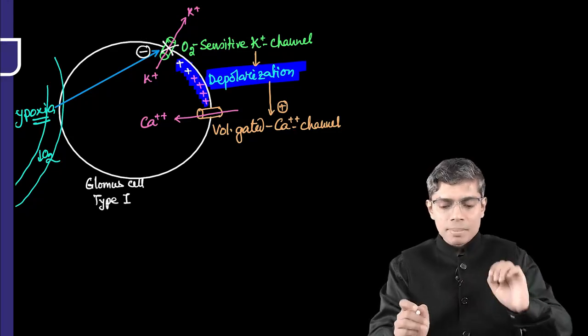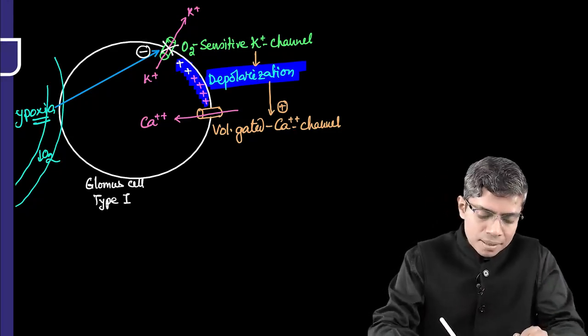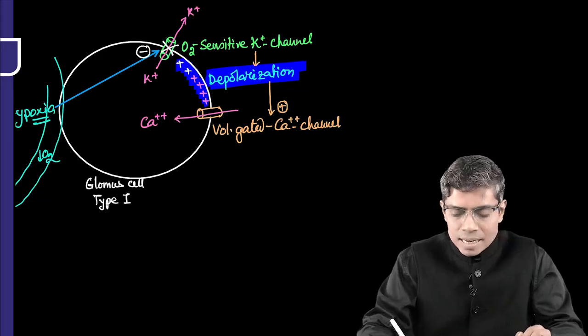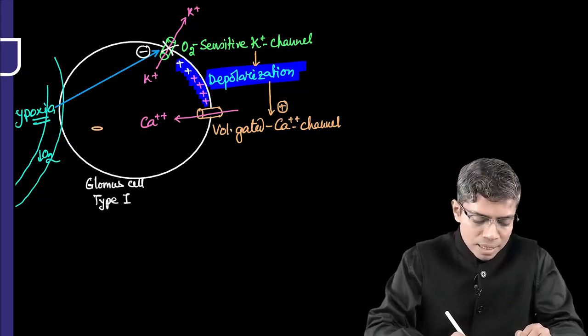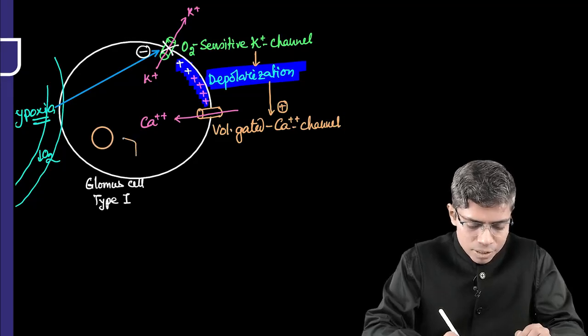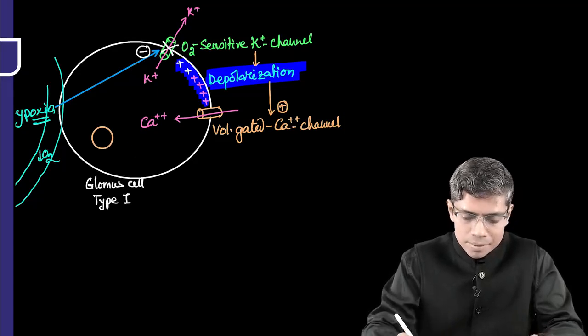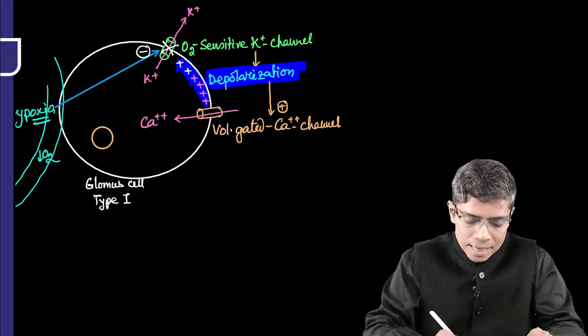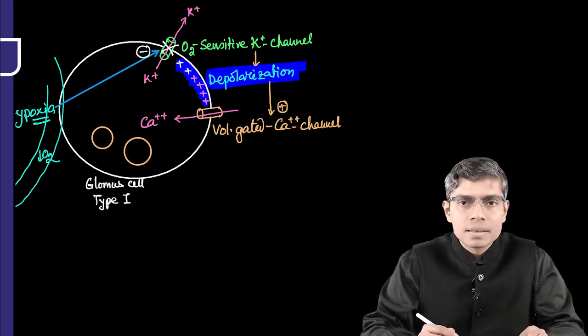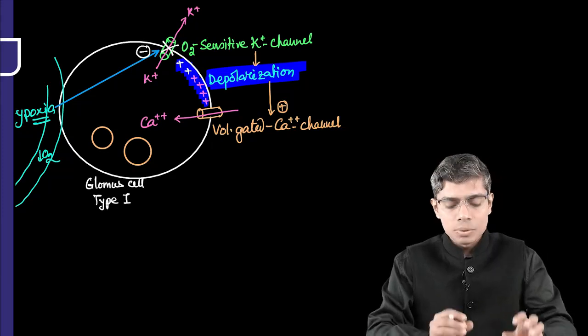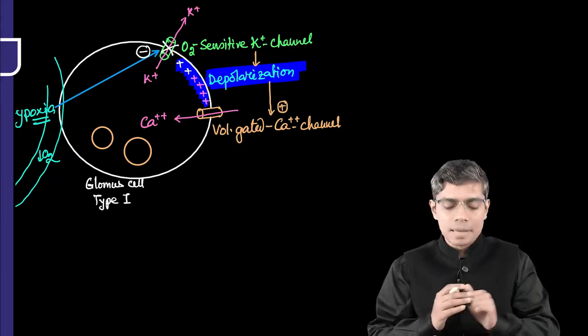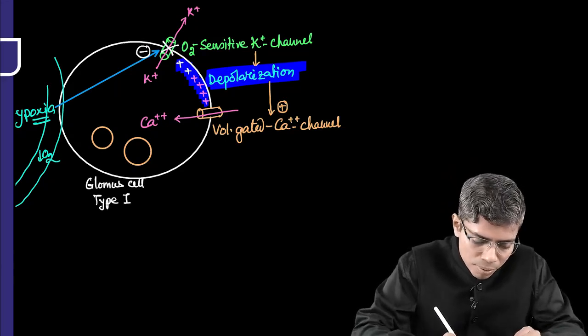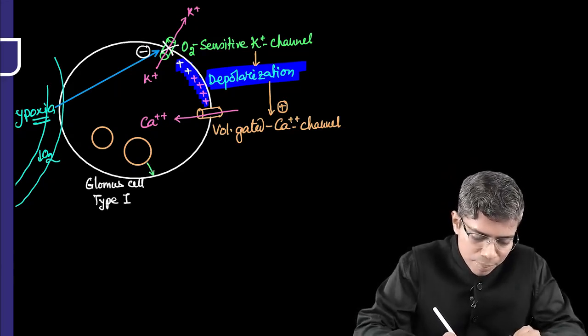Now, this glomus cell is a secretory cell. It contains multiple vesicles which contain various neurotransmitters. Whenever calcium enters the cell, these vesicles move closer towards the cell membrane.